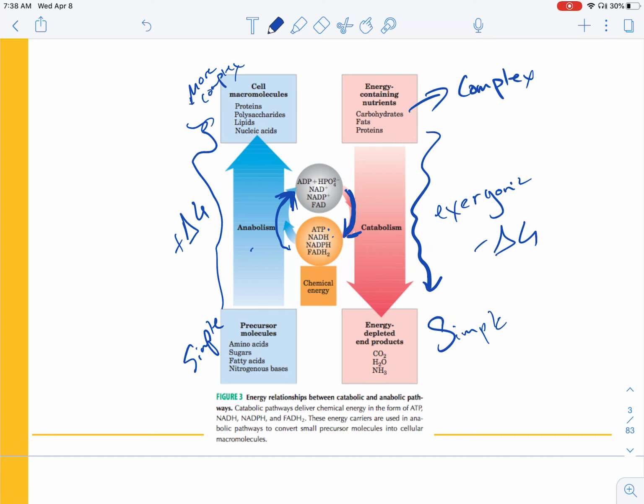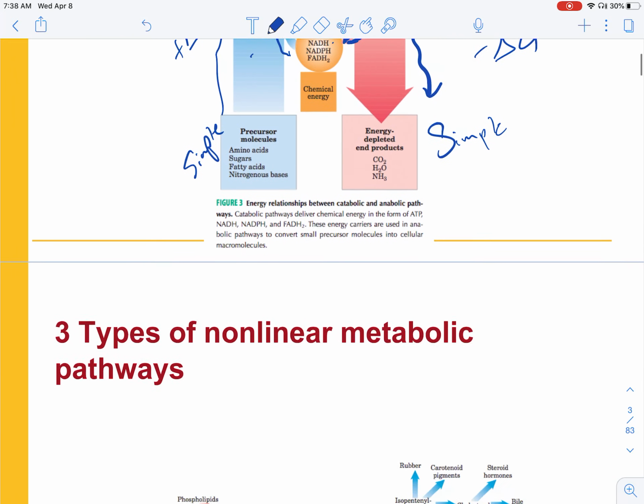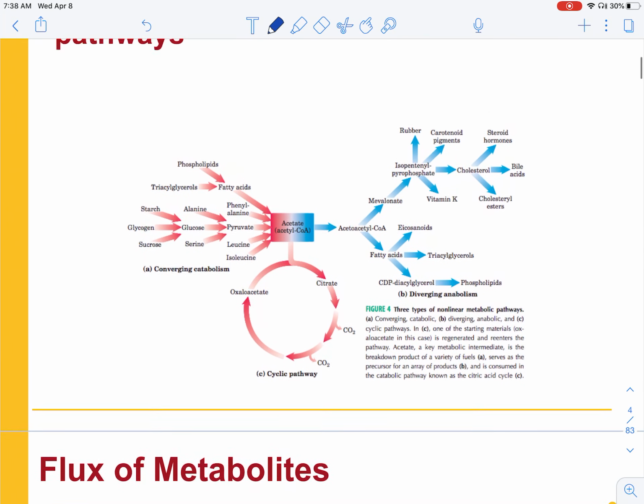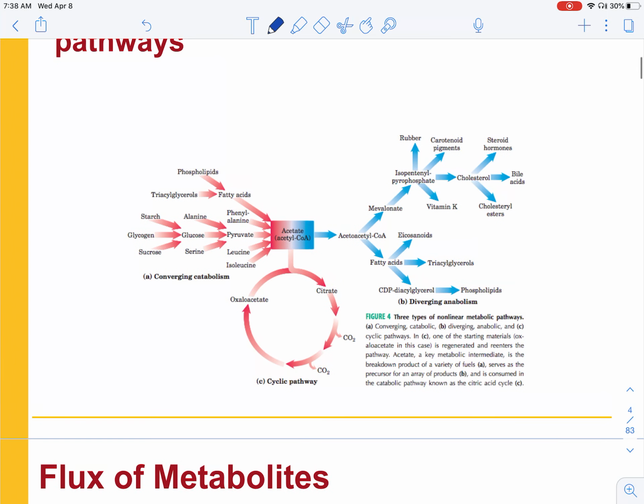This is why we eat, right? So that we can constantly have that source of energy going forward. And as I've said several times this semester, the catabolic processes are convergent, and they converge on these acetyl-CoA units.